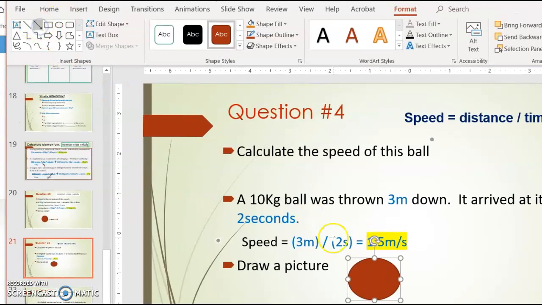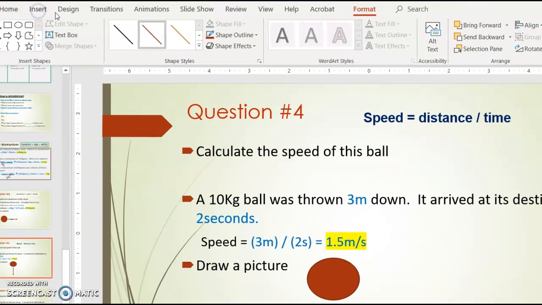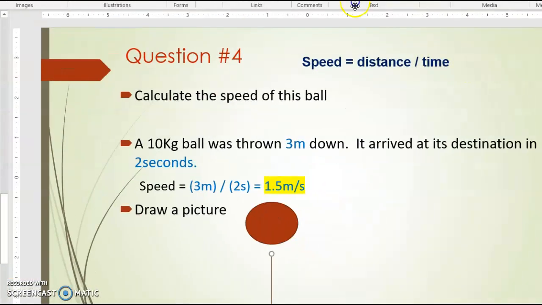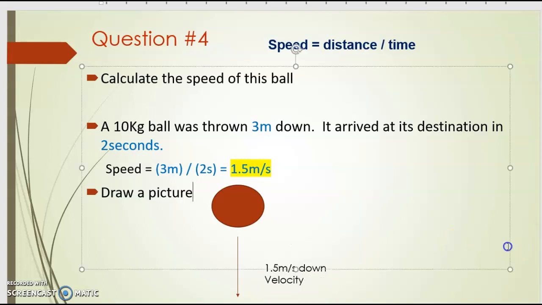I can pick my arrow, yeah? And I can draw the arrow pointing down. And I can go back up to Insert and Text Box. Insert, Text Box, right? And I can say 1.5 meters per second down. And not only is that a speed, but it is also a velocity, right? It's both. All right. So there's your answer for that one.